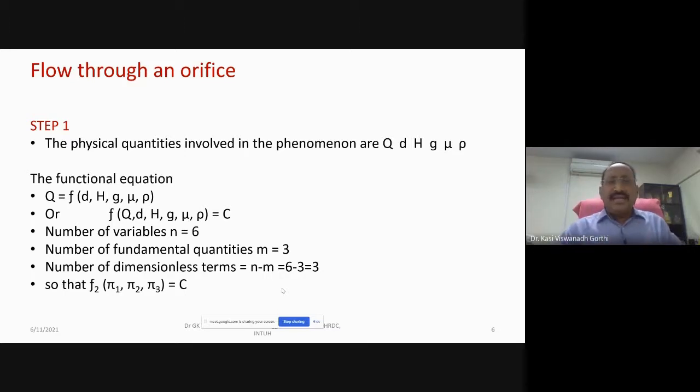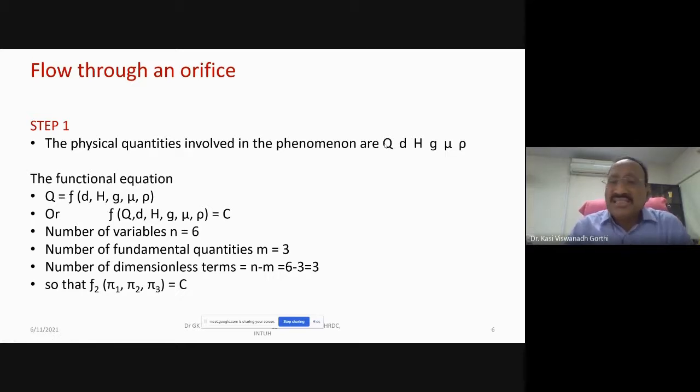The various steps involved are: you need to identify how many physical quantities are describing the entire physical phenomenon. Yesterday we already saw the discharge Q depends on the diameter, head, acceleration due to gravity, viscosity, and mass density. So Q, D, H, g, mu, rho, these are all the variables which are used to describe the phenomenon.